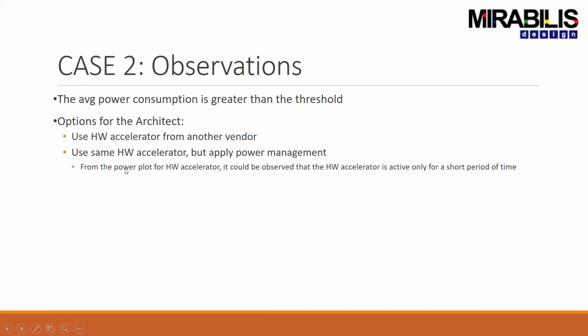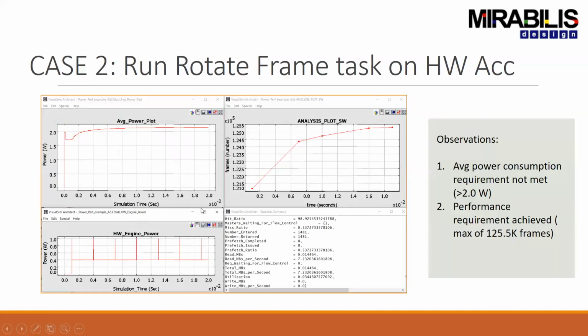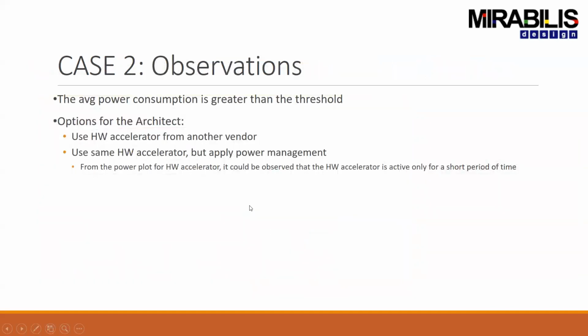We thought about such an approach because this is the hardware engine power plotted. We can see the hardware engine is only active for short bursts of time, a very short period of time. So we thought of applying some power management to it.